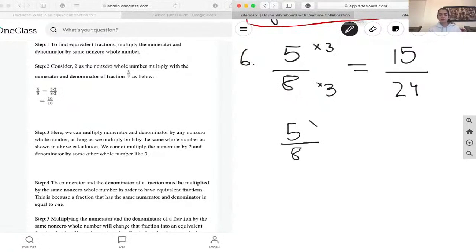We can multiply each by 5. We have to make sure it's the same value because, again, whatever you do to the numerator, you have to do to the denominator. So times this by 5 and times this by 5 equals 5 times 5 is 25, and 8 times 5 is 40.